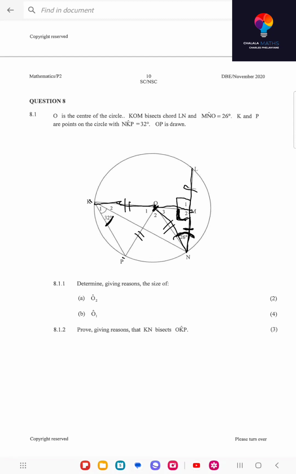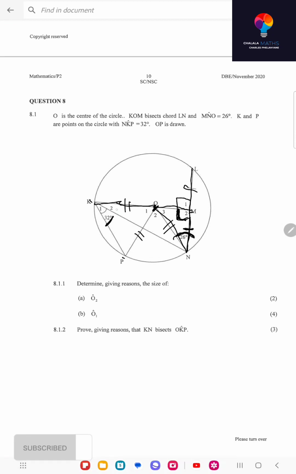I haven't even started to answer the questions, but I go through the statement and exhaust whichever points I can come up with. As you look inside there, OK is equal to ON. Those are the radii.